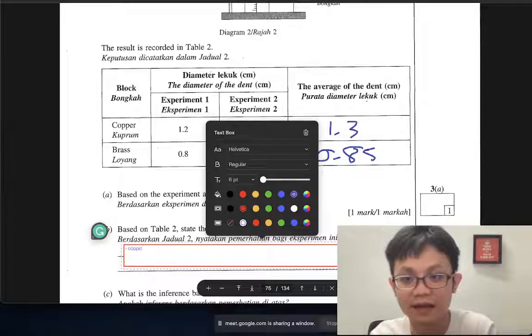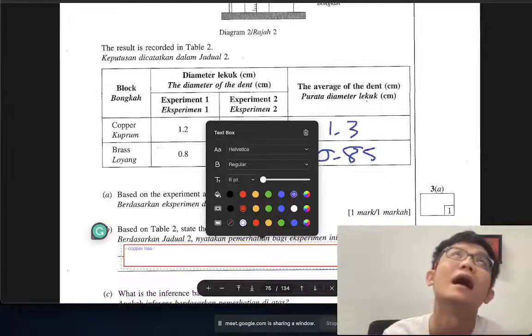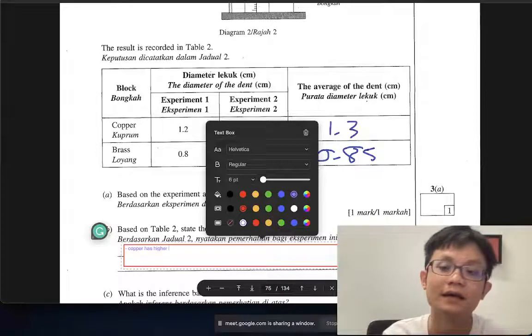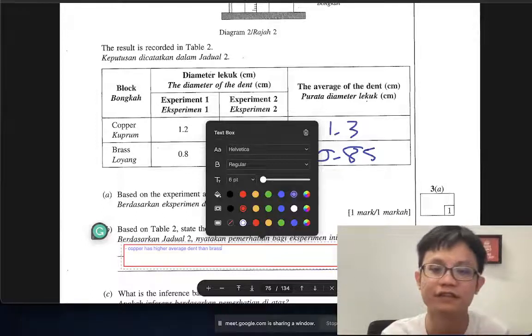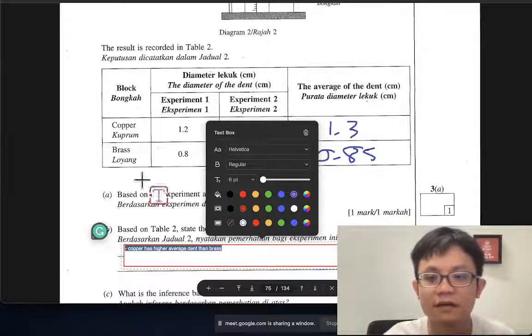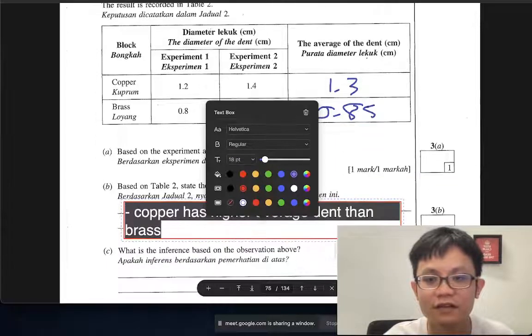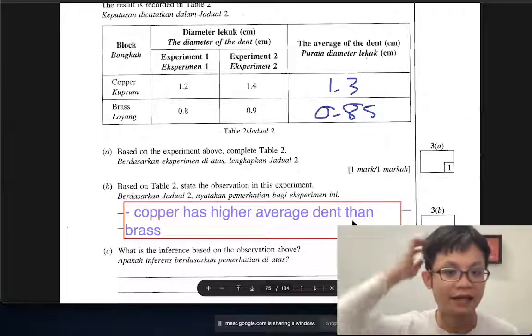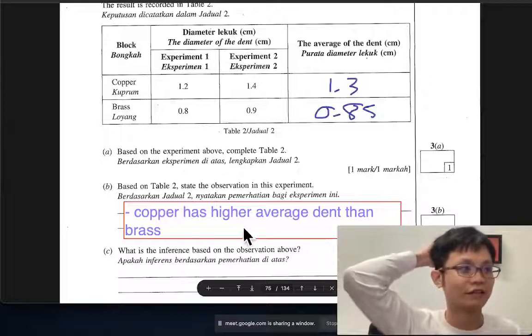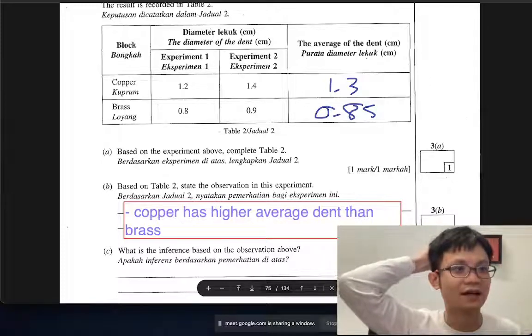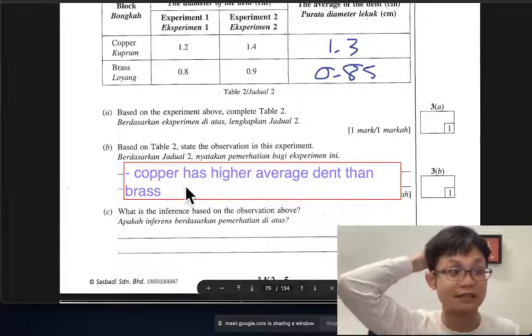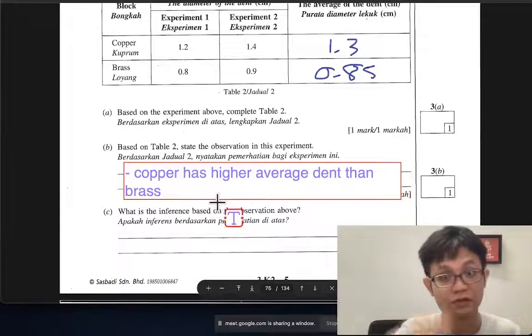Very good. Okay, you can say bigger, or bigger diameter, or bigger size, up to you, as long as it shows the observation.